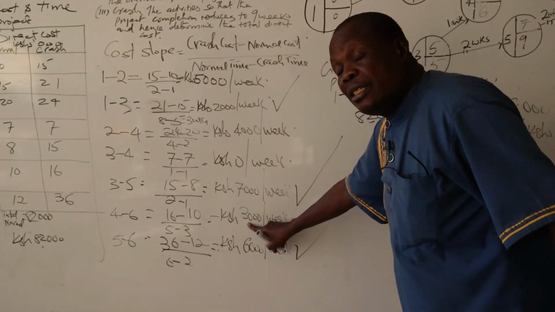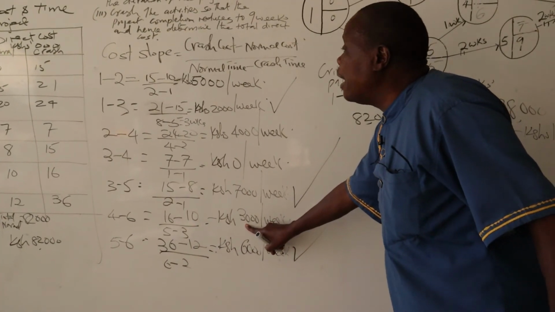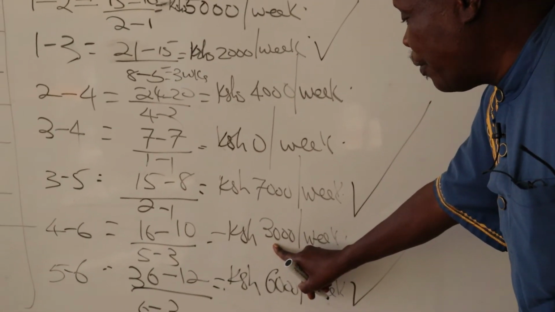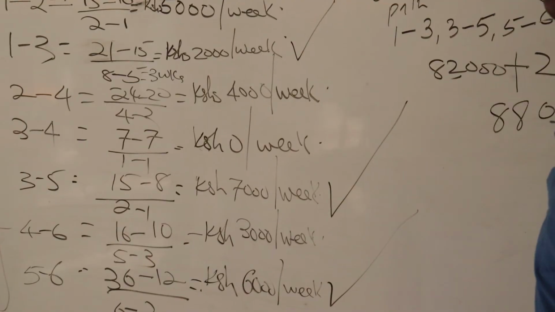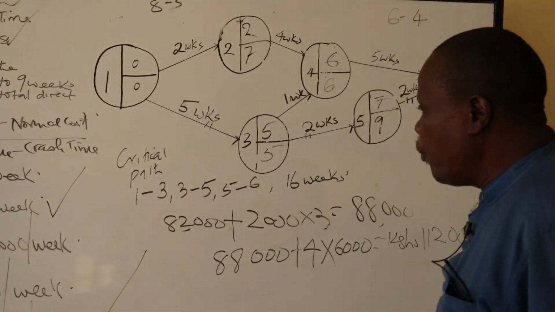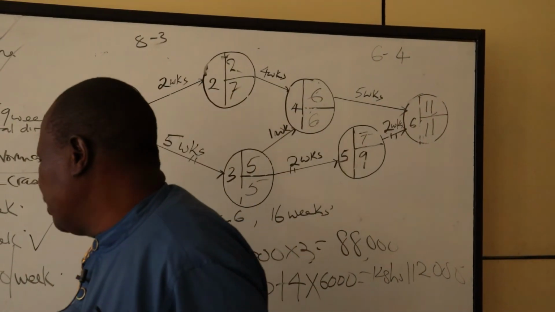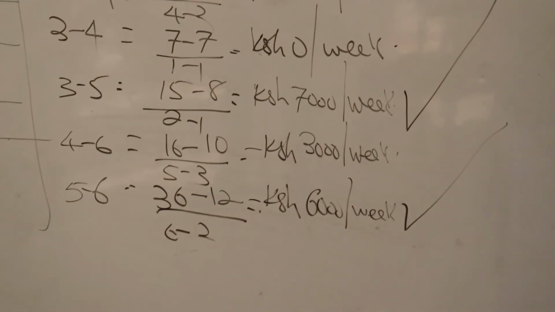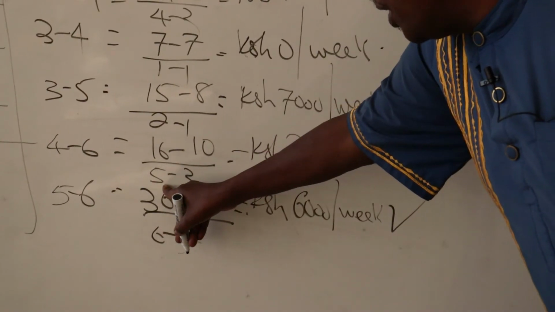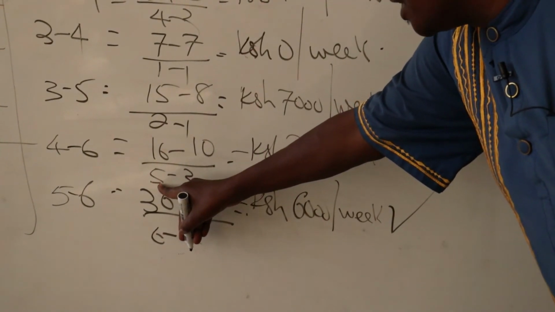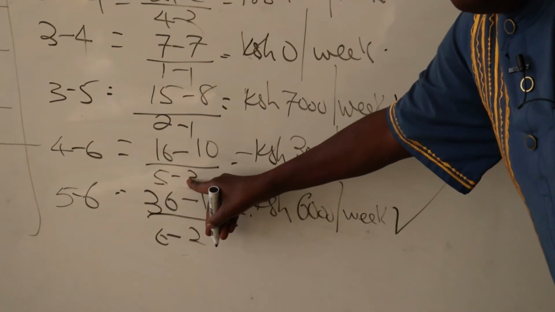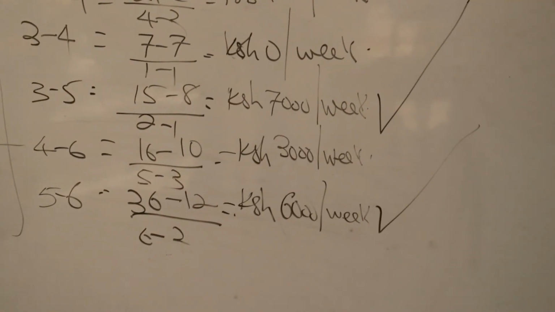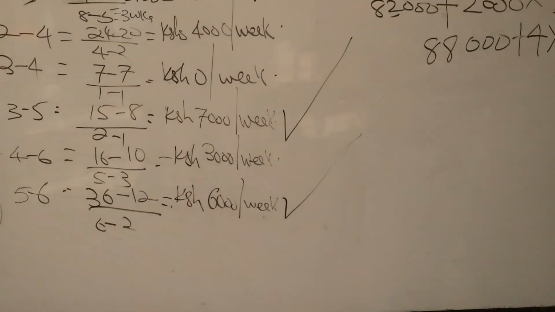The cost slope is 3,000, which is lower than any other we have identified along the critical path. So we crush activity 4 to 6. What is the time available for crushing? The time available for crushing of activity 4 to 6 is 5 minus 3, which is 2 weeks.